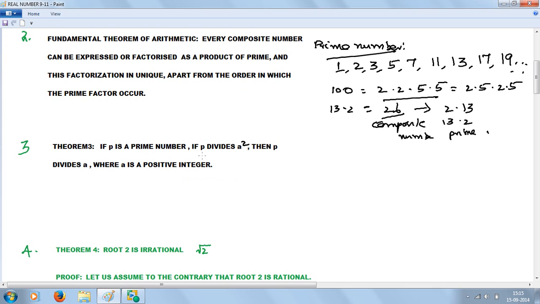We'll go to the next theorem. If P is a prime number and P divides a square, then P divides a, where a is a positive integer. So what is given? P divides a square.